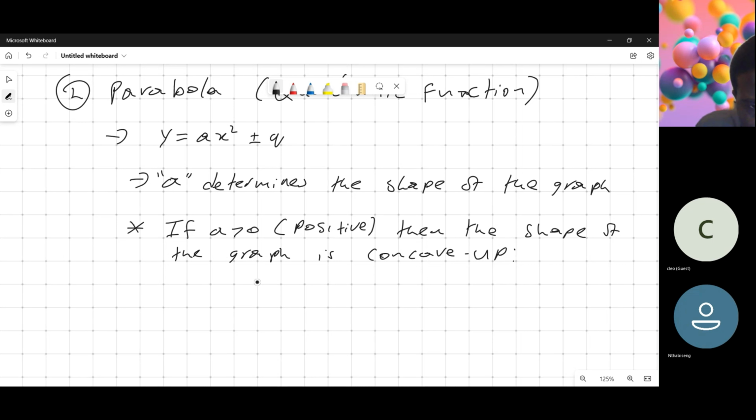That is to say, the shape of the graph will be like this: concave up, a greater than 0.